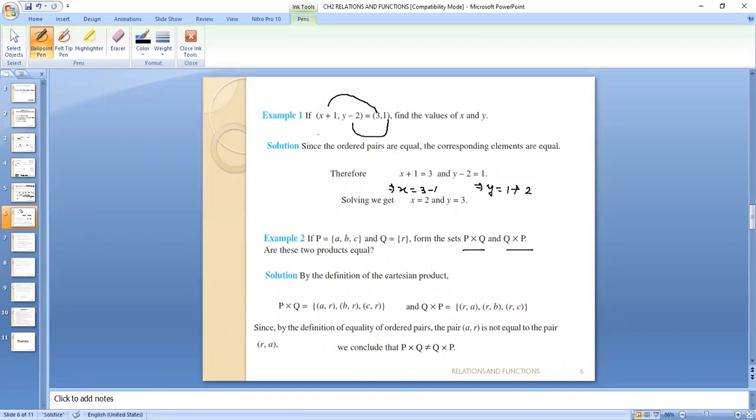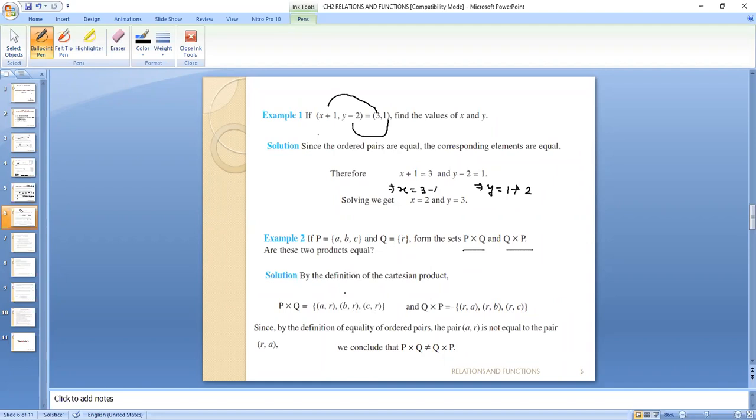By definition of Cartesian product, P product Q is equal to the set, then the first ordered pair. P by Q means a with r, as no other element is there. We will multiply a with r, so (a, r) is the first ordered pair, then b with r the second ordered pair, then c with r the third ordered pair.